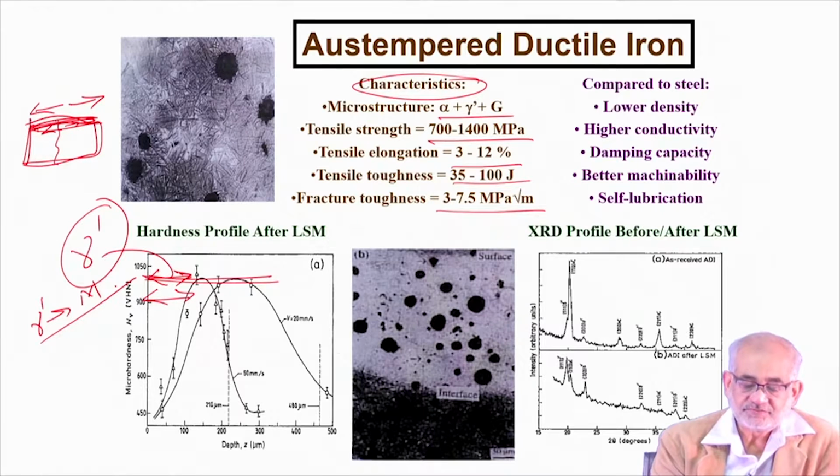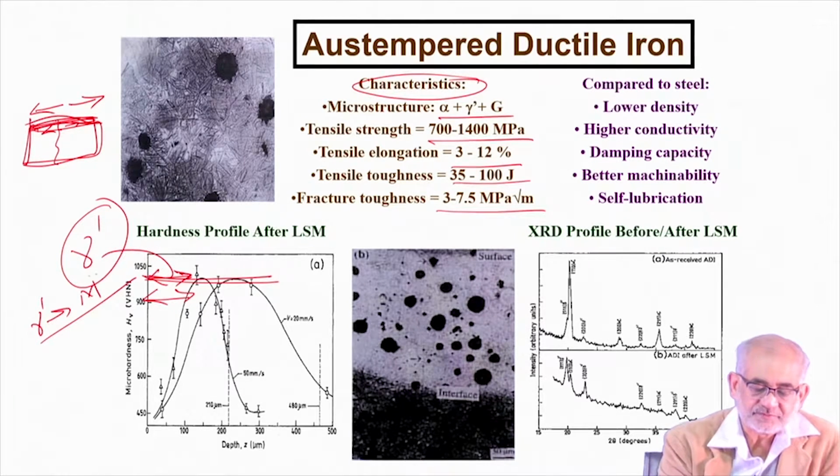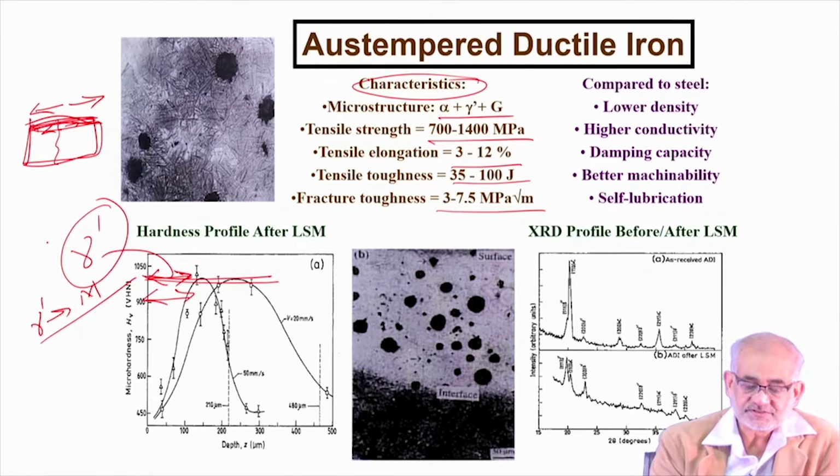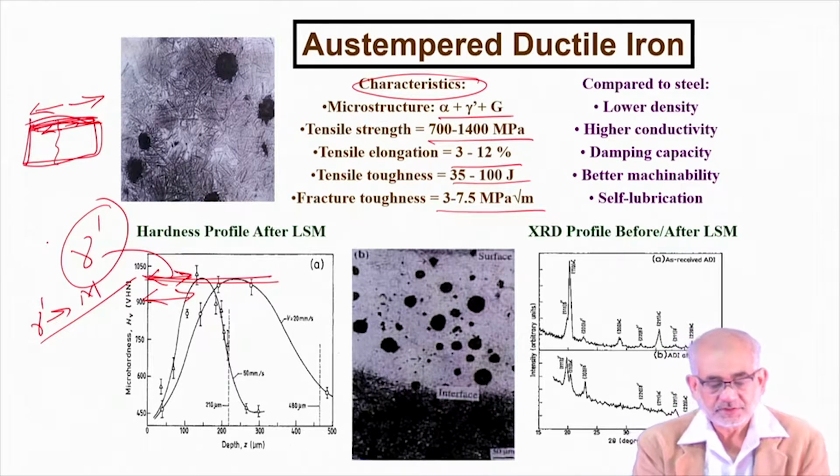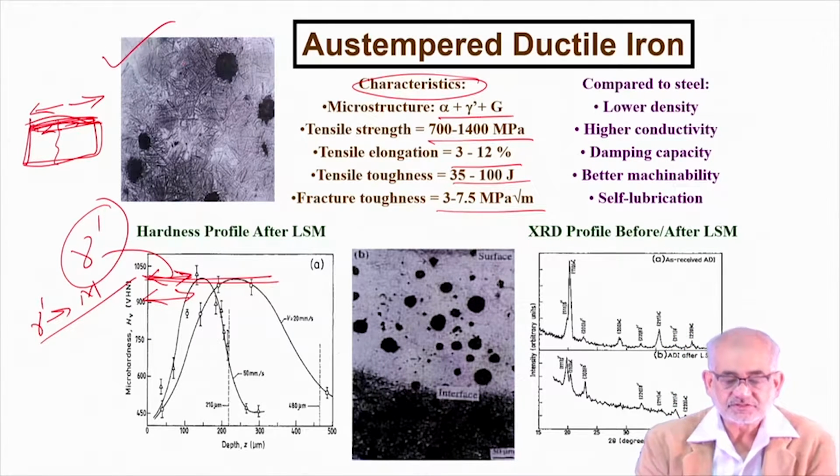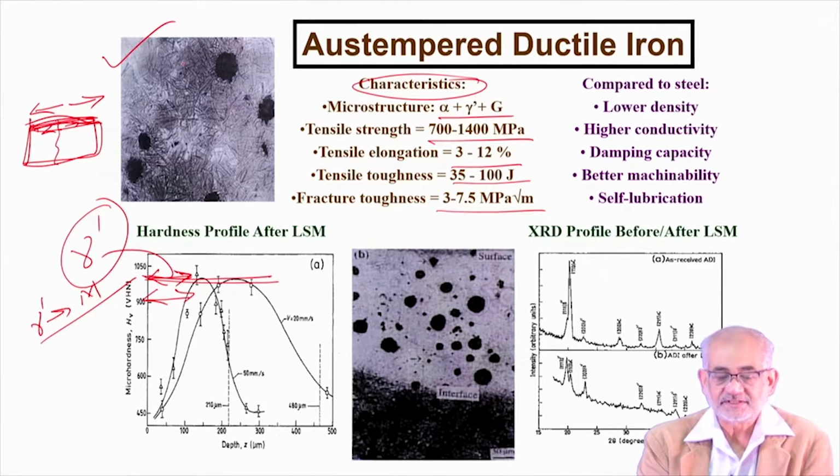The more important difficulty is that the surface actually is fairly soft because of the presence of a high amount of retained austenite. So this again is something we would rather avoid. So this is the starting microstructure of bainitic austempered ductile iron, bainitic cast iron.